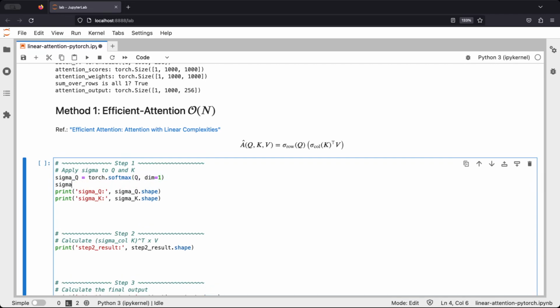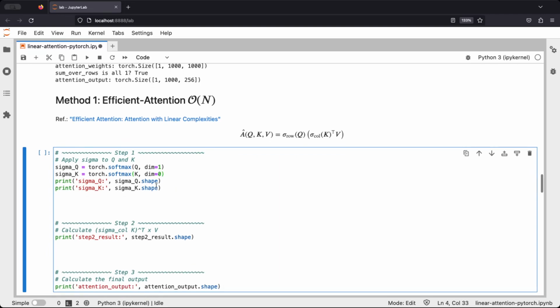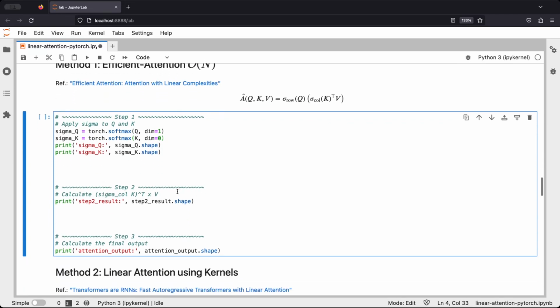And sigma k is torch.softmax of k, and we apply that to the columns. For that, we specify dim equals 0. So that is it for step 1. Now in step 2, we want to do this computation in these parentheses.